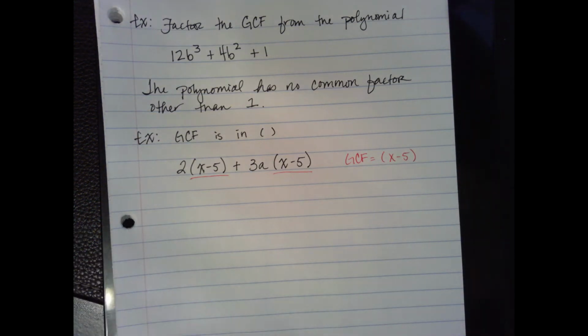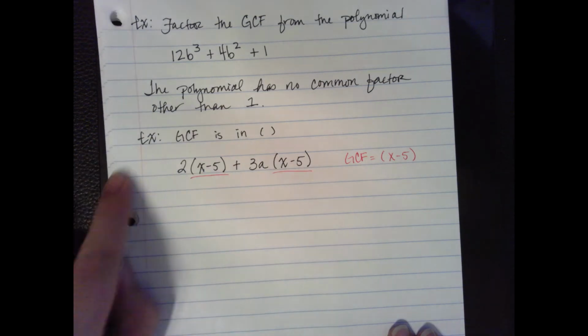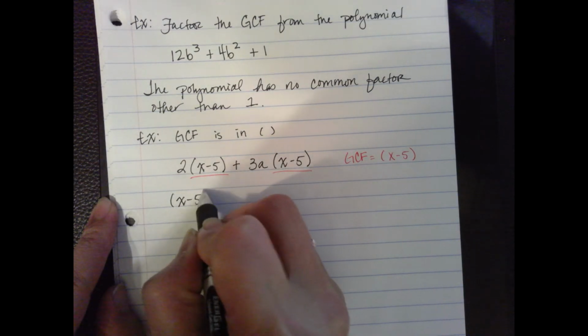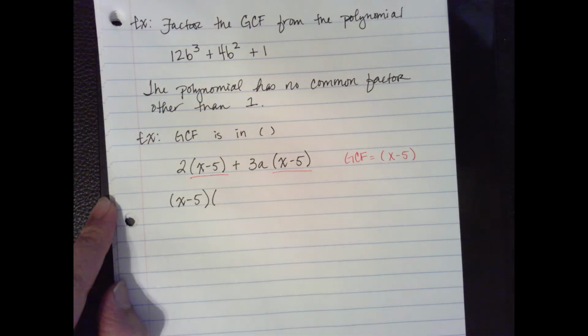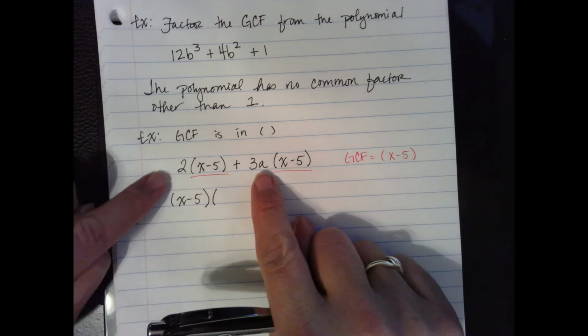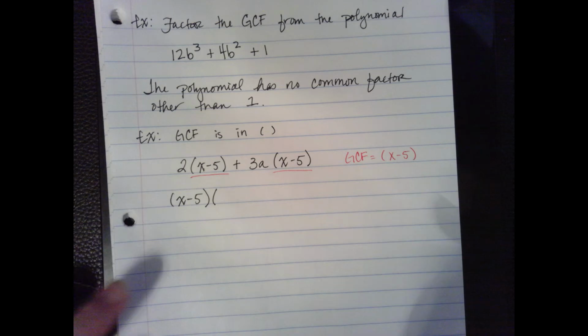I'm going to do exactly what I've been doing though. This is common to both terms, so I'm going to pull it out of my polynomial and write it in front of a set of parentheses. And what's left over is what's out front: 2 plus 3a.